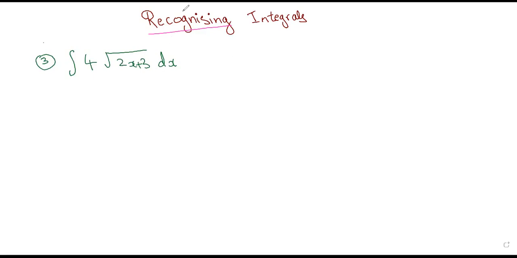The concept is to recognize. Now listen to me. This integral is equivalent to the integral of this. You know this, right? Yes. So here this is basically our f dash x, under root 2x plus 3.